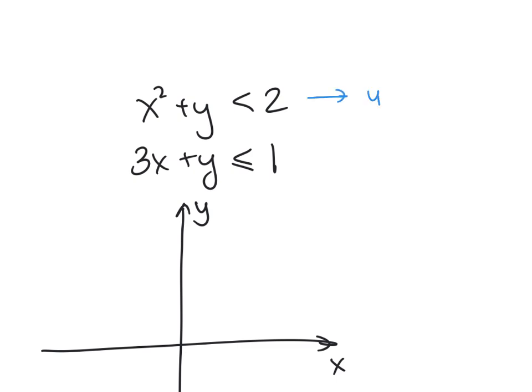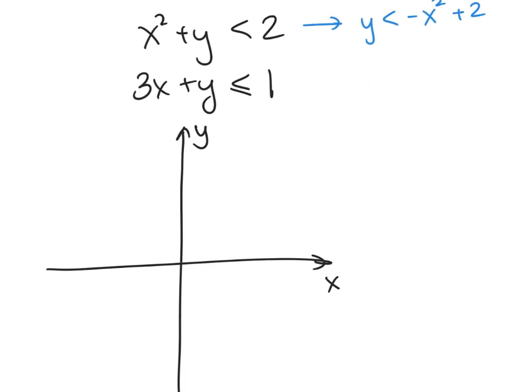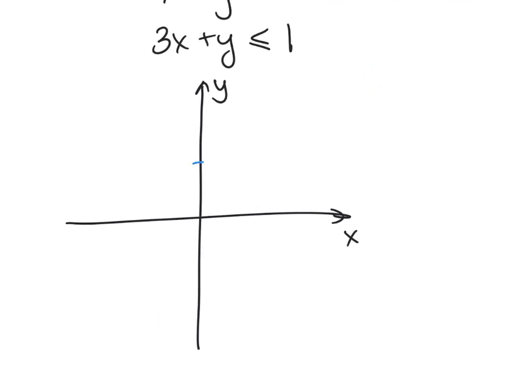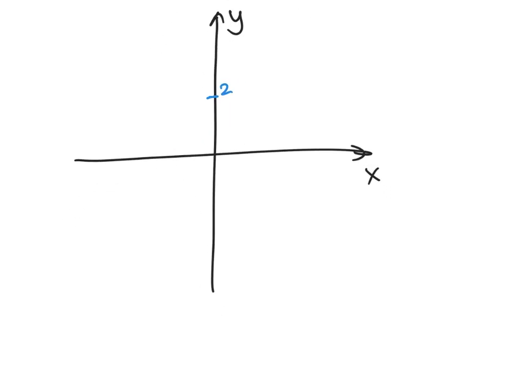So this one is y less than minus x squared plus 2. I know that the top point is 2, and I have just a good old-fashioned parabola, with these being minus root 2 and plus root 2.